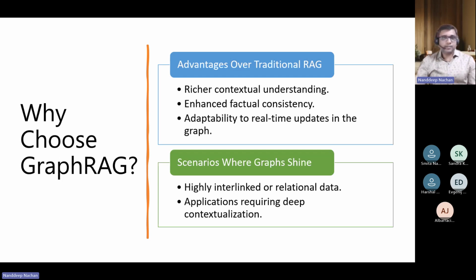And moreover, knowledge graphs can be updated in real time, ensuring that the system always works with the latest information. This makes GraphRAG particularly suitable for scenarios where data is relational or requires deep contextual insights. For example, healthcare, legal research, or enterprise knowledge management.